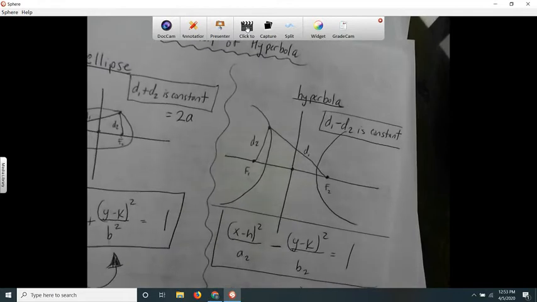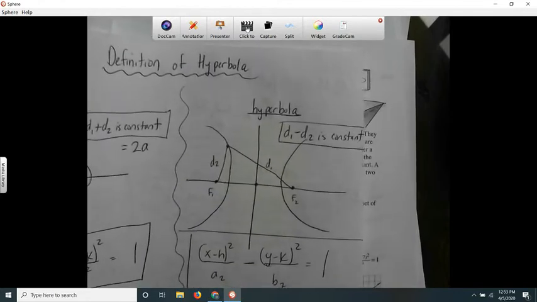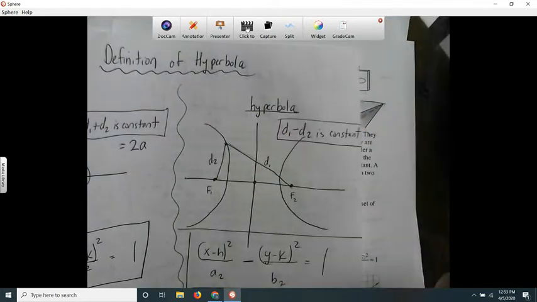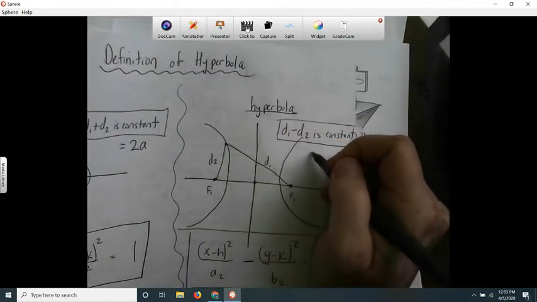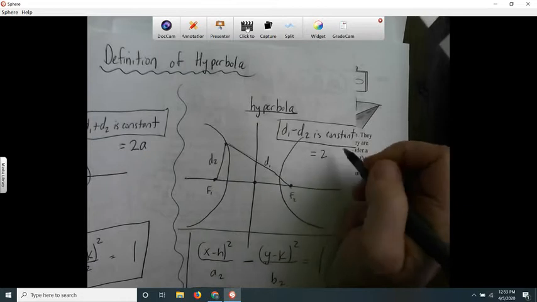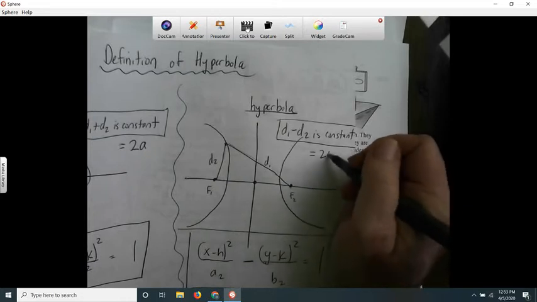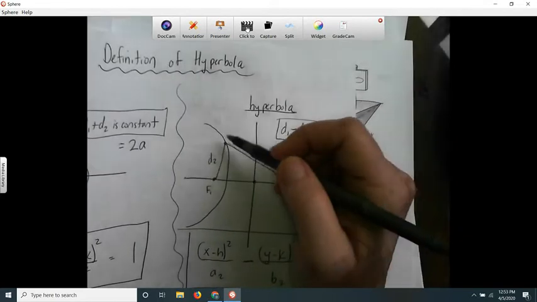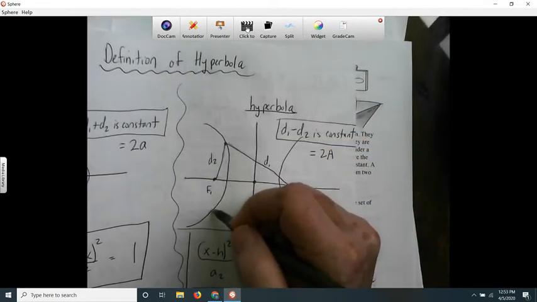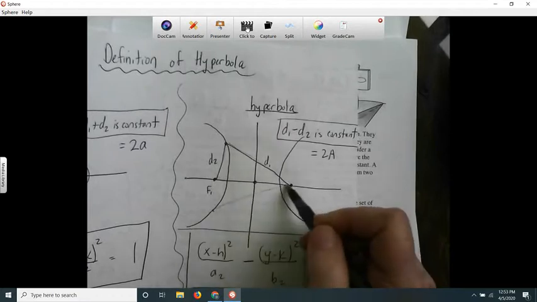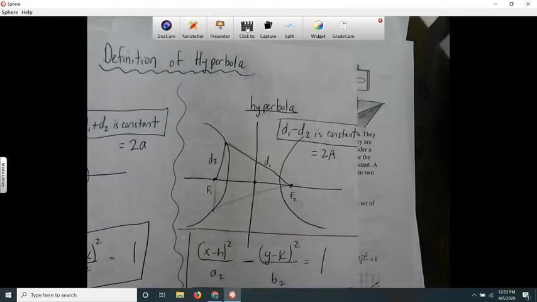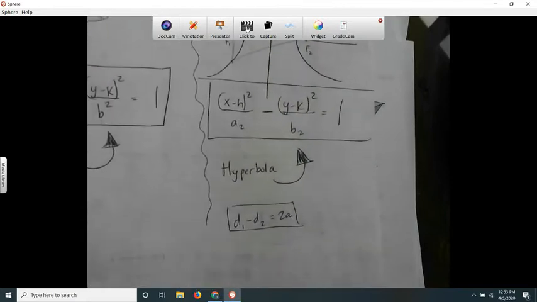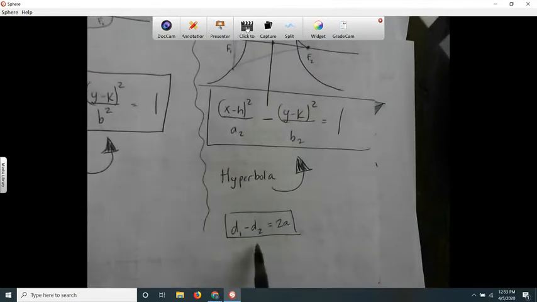But the definition of a hyperbola is that this d1 minus d2 is actually equal to 2a, and we'll go over that a little bit in a minute. So anywhere I put a point, even if it's down here, this distance, take away this distance, is a fixed distance, which is 2a. So there's my hyperbola.